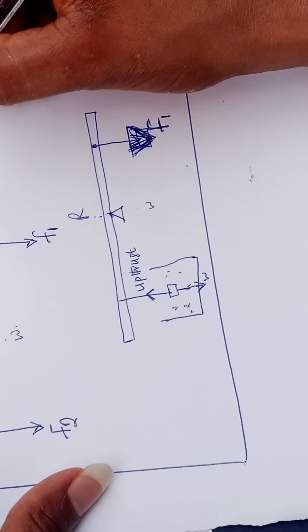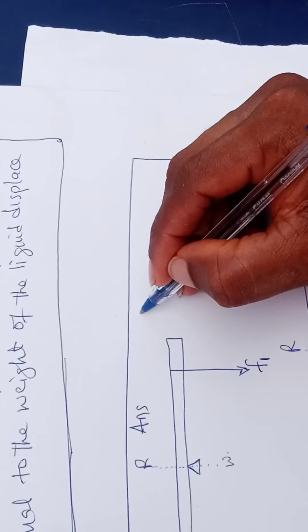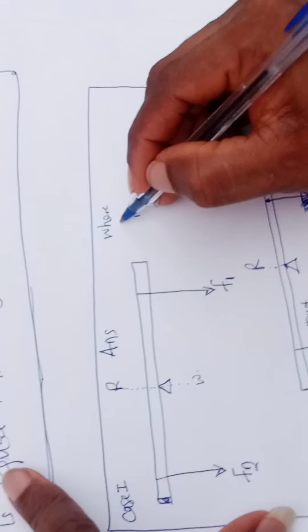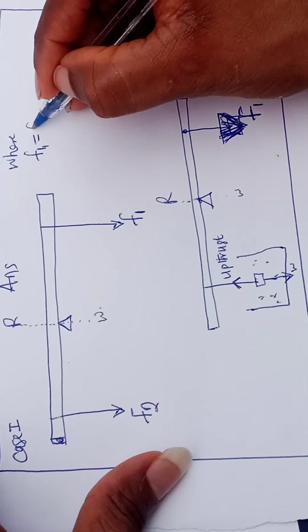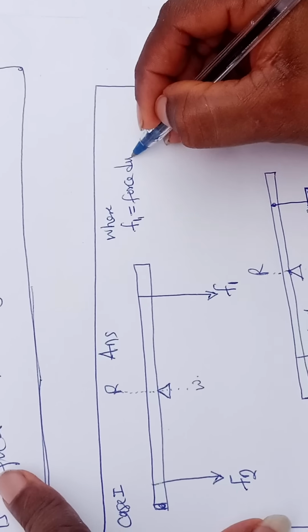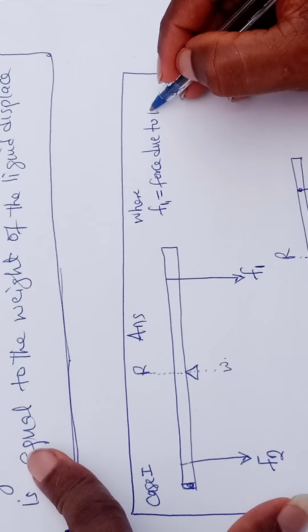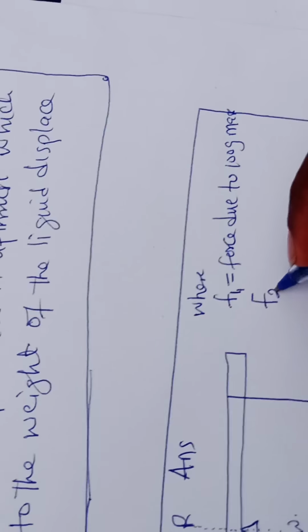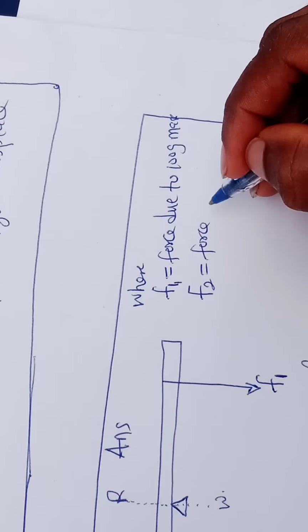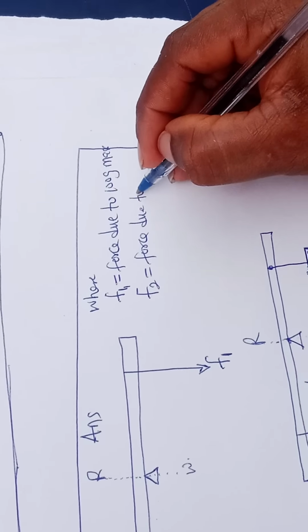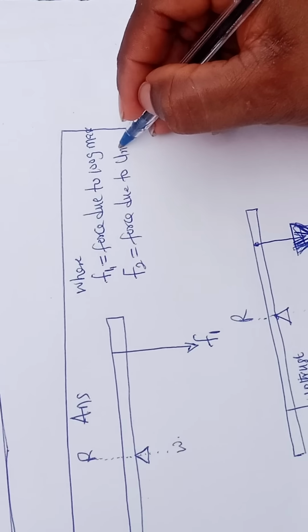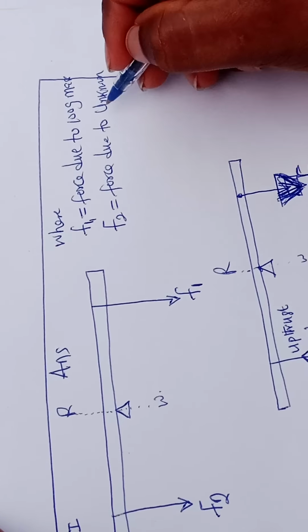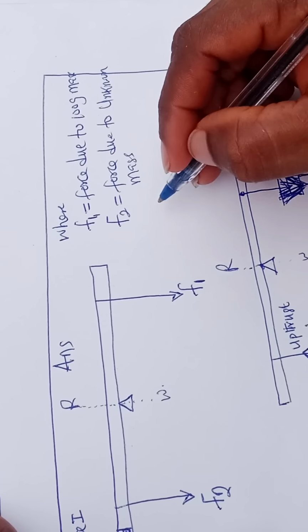So you come here and do your explanation, where F1 is equal to the force due to the 100 gram mass. F2 is equal to the force due to the unknown mass.